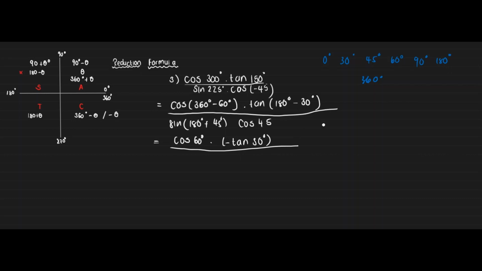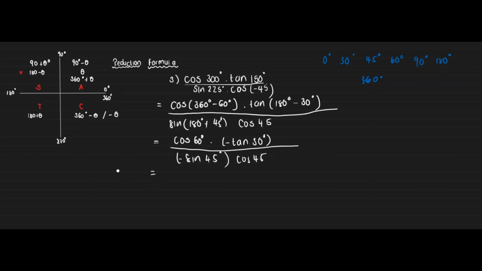And now let's look at the denominator. The denominator is sine of 180 plus 45. So we're going to look for 180 plus theta. Where's 180 plus theta? It's this one. 180 plus, only tan is positive, meaning sine and cos are negative. So this one is going to be minus sine 45 degrees. And the last one is just going to be cos 45 degrees, right?